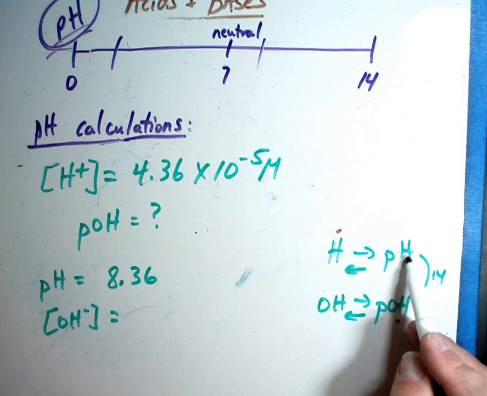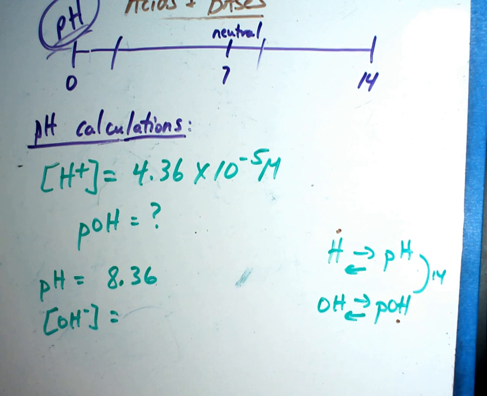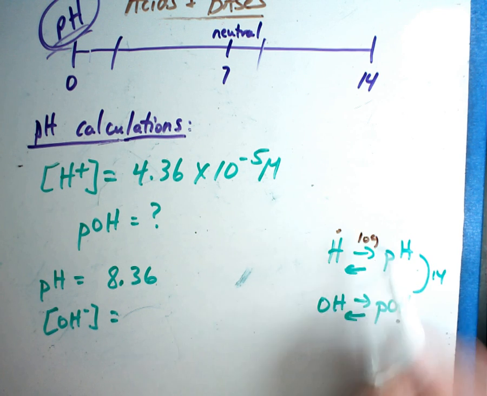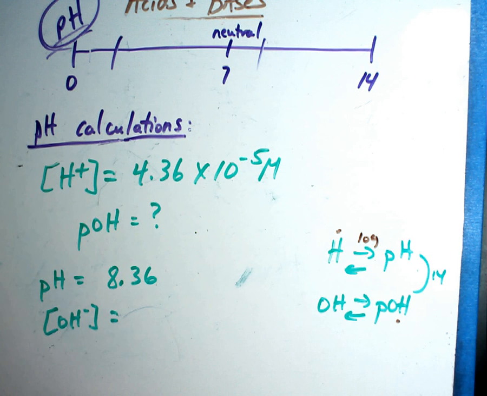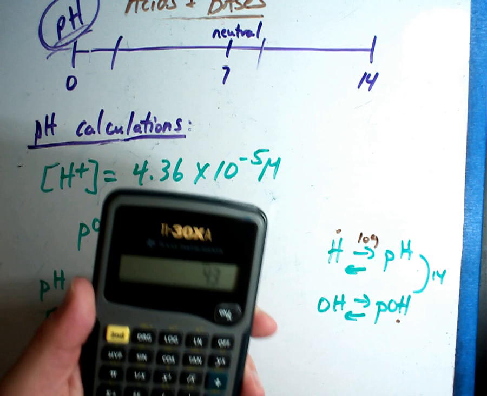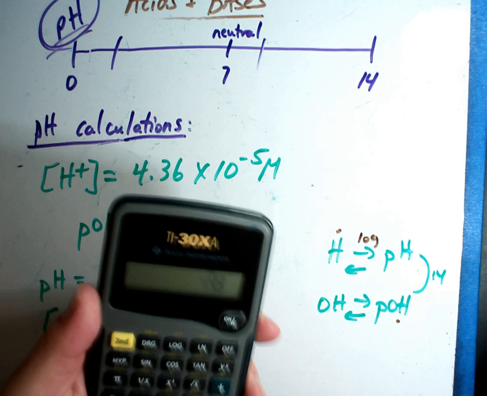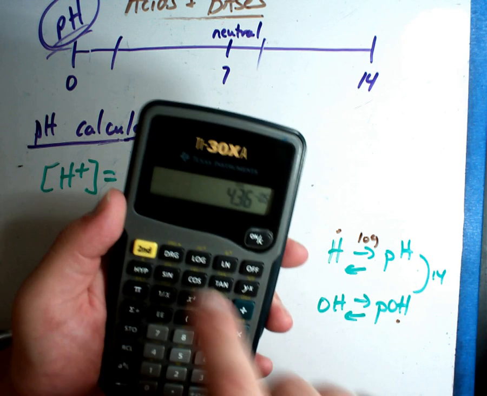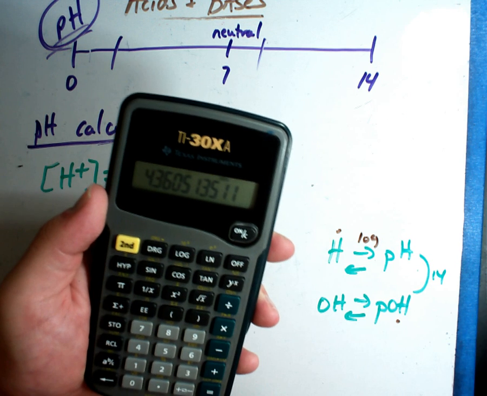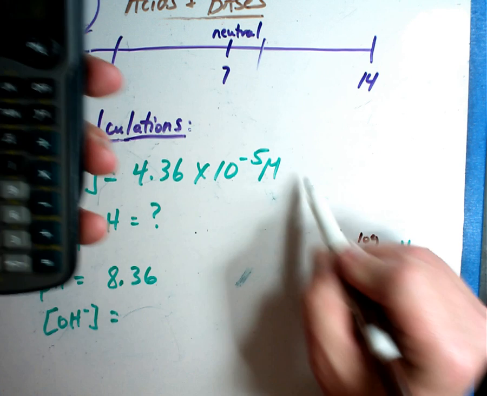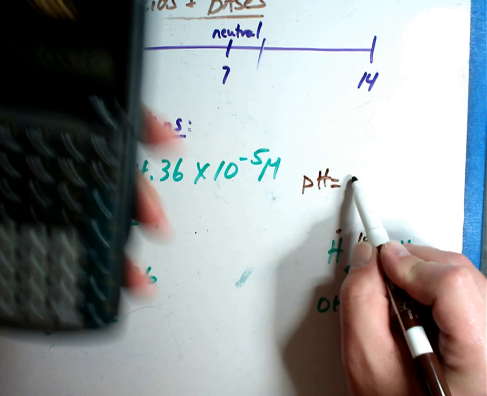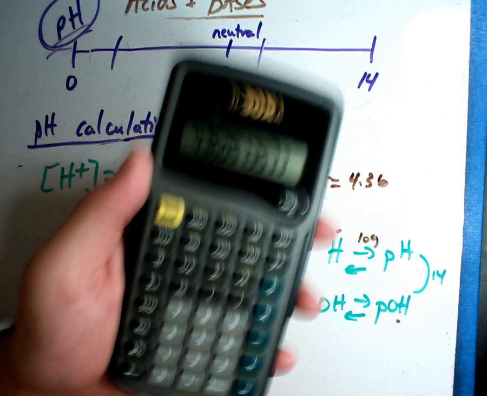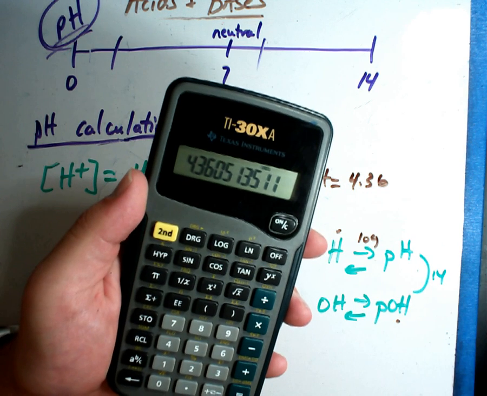So it's 2 steps. To go this way, I'm going to use log. So I'm going to grab my calculator, and I'm going to put in 4.36 times 10 to the negative 5th, log, take off the negative. So the pH was 4.36. You can see that on my calculator.